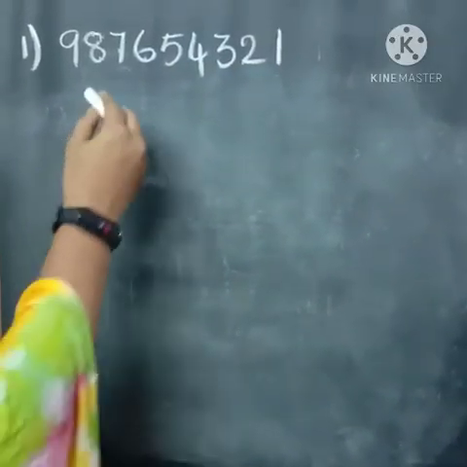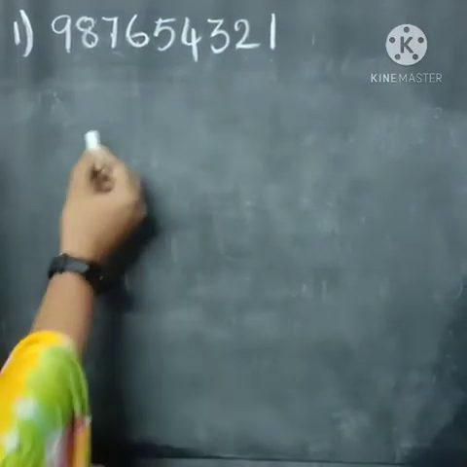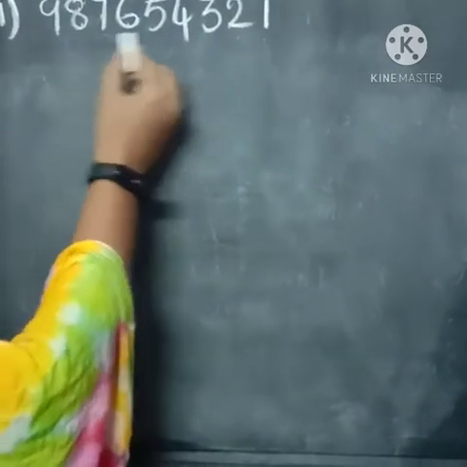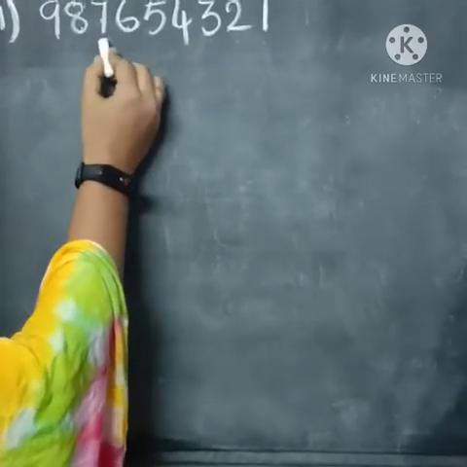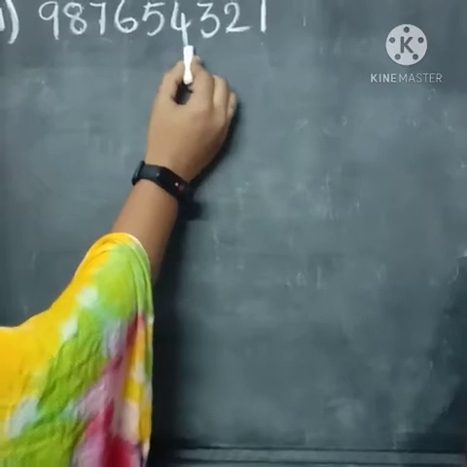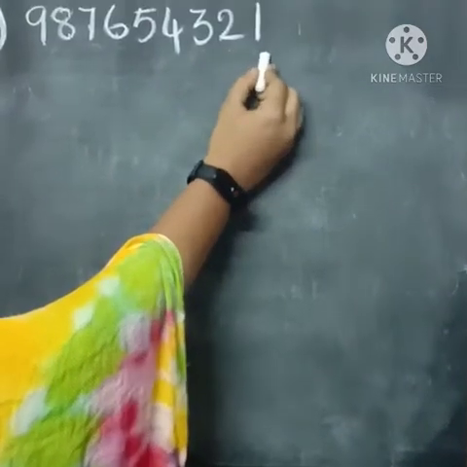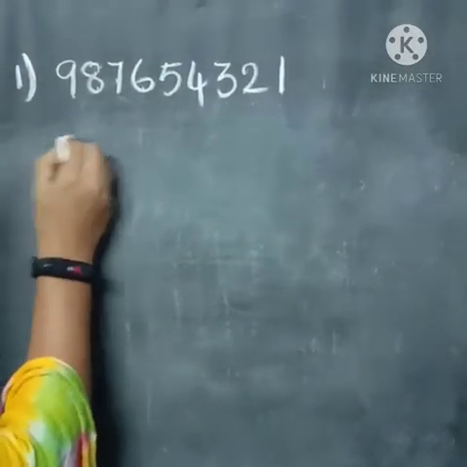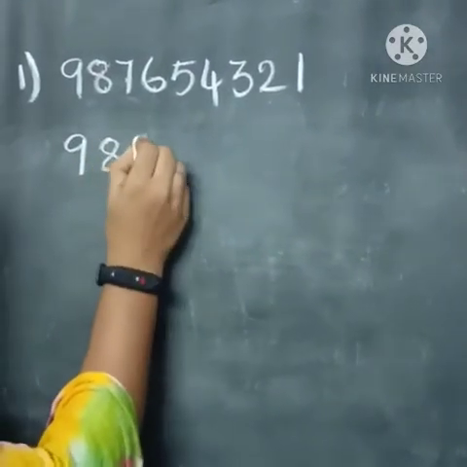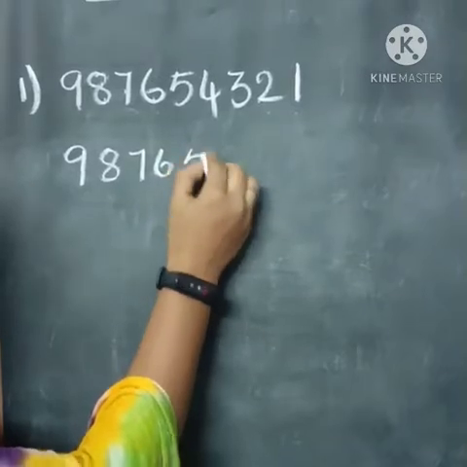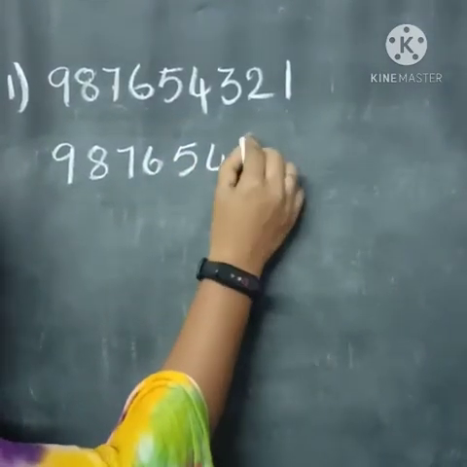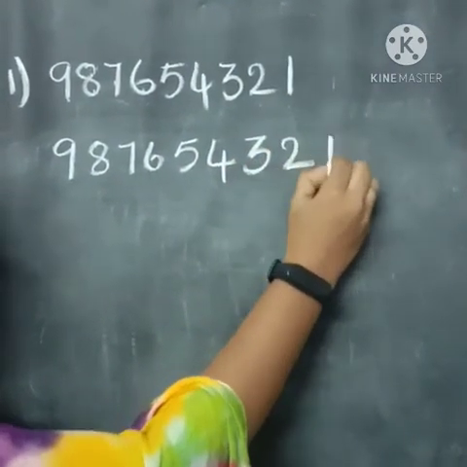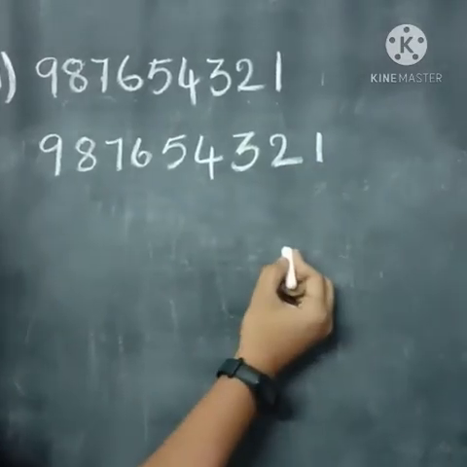Okay children, by using this number we have to write the place values. See here, what is this number? 98 crores 76 lakhs 54,321. By using this number what we have to write? Place values. Now we have to write the place values.